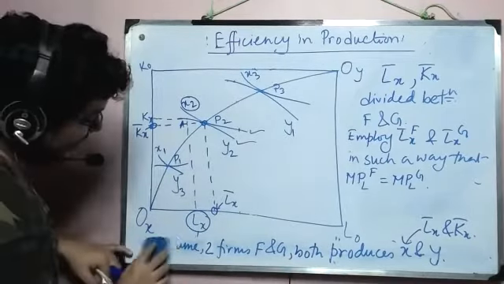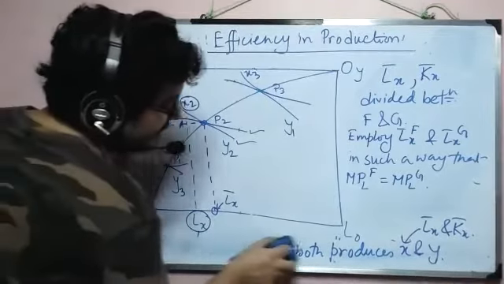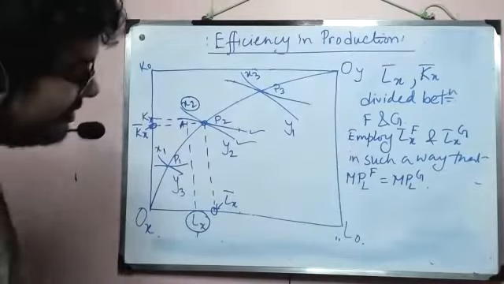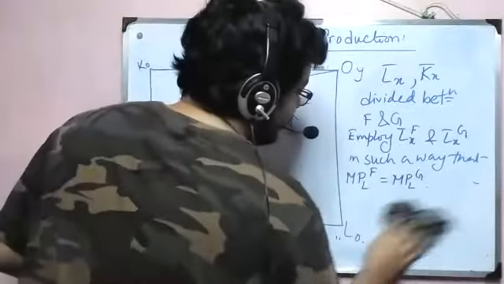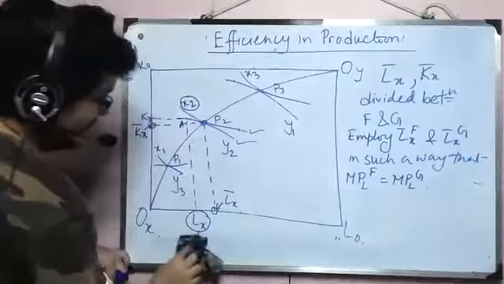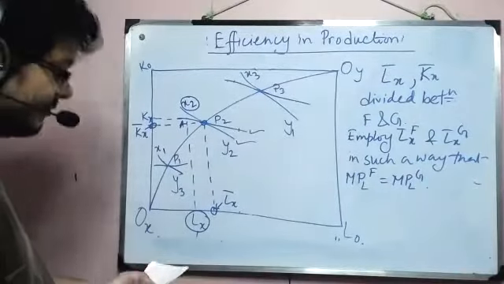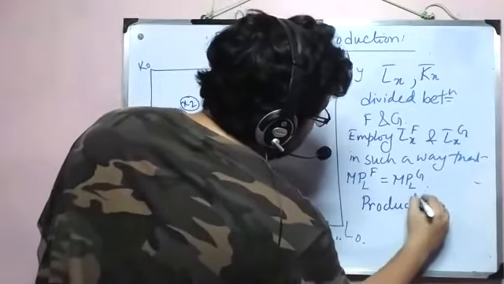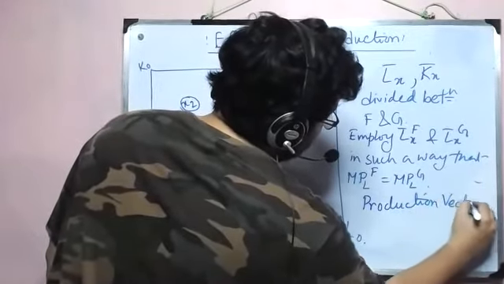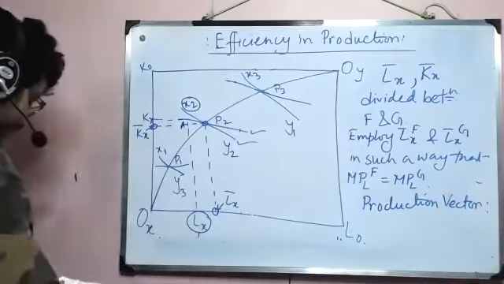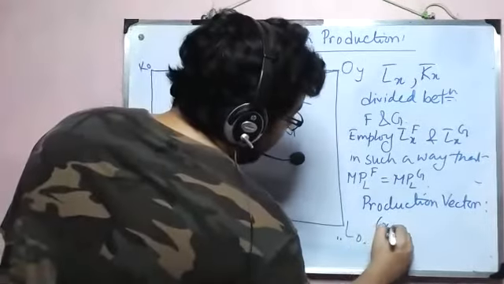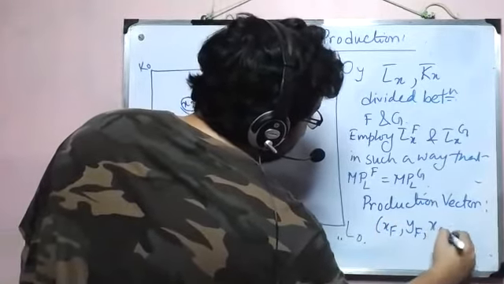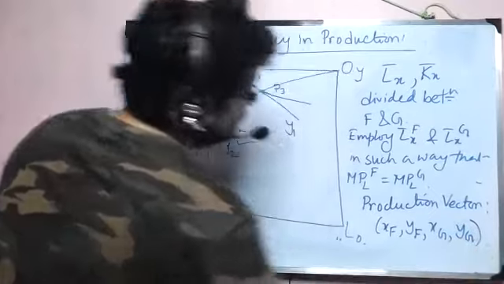In writing that, I'll be assuming the structure of F and G, that is two farms producing X and Y. So the production vector, or our solution if one can say so, with two farms F and G, will look like XF, YF, XG, YG.